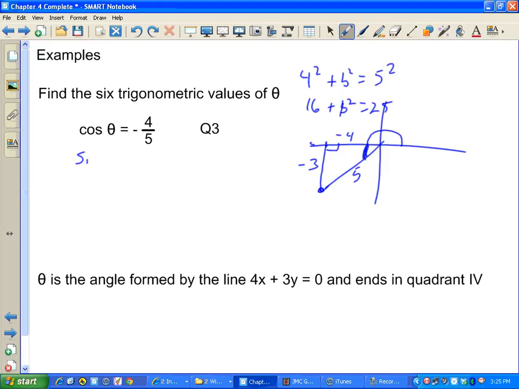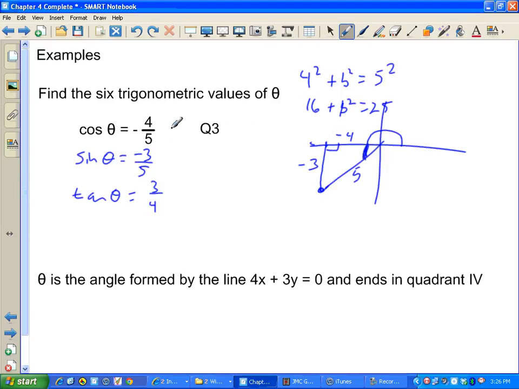So now, if I want the sine of theta, I'm going to take the y value over the radius. If I want the tangent, okay, I'm going to take opposite over adjacent. So negative over negative is going to give me positive.